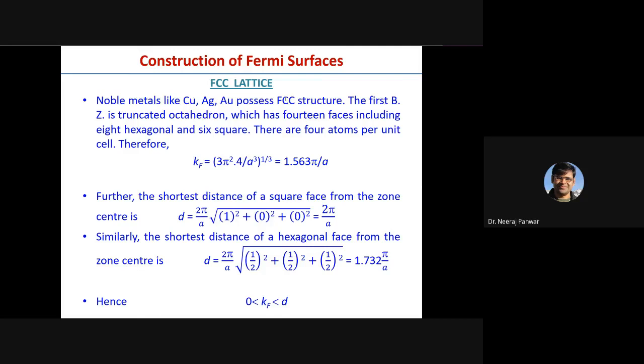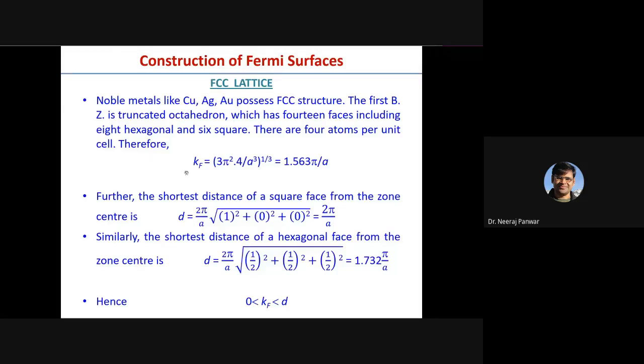They possess an FCC structure. The first Brillouin zone of this FCC lattice is a truncated octahedron which has 14 faces including 8 hexagonal and 6 square faces.